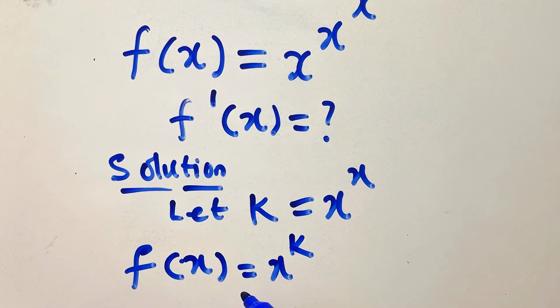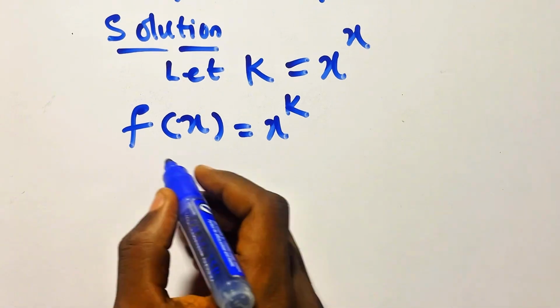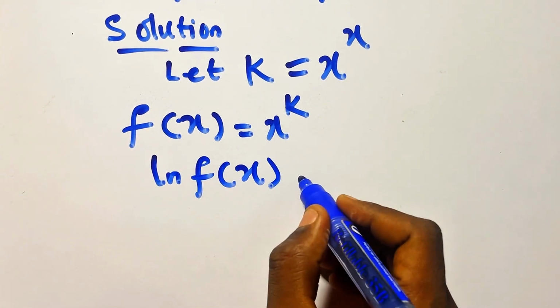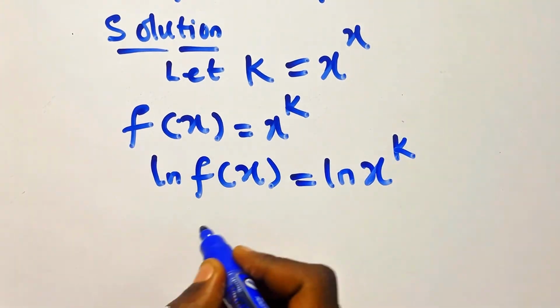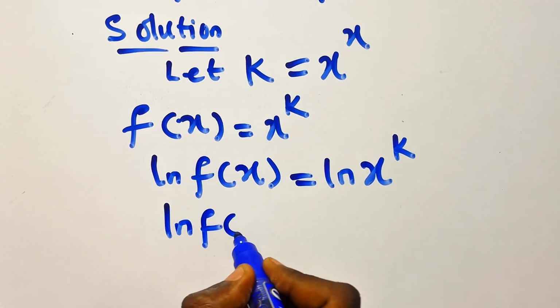By introducing natural logarithm to both sides, we are going to have ln f of x equals ln x raised to the power k.